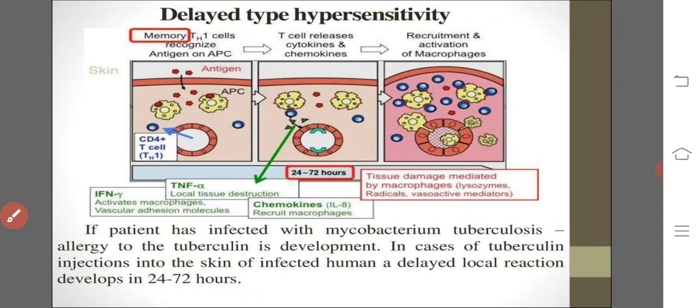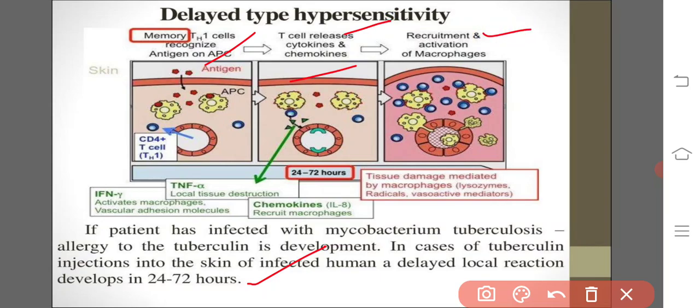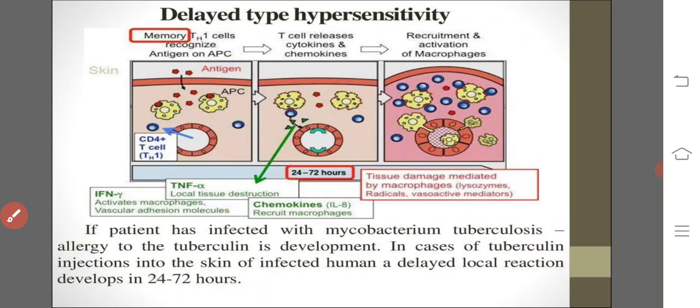It requires Th1 cells that recognize the antigen on the antigen presenting cell, and the T cell releases cytokines and chemokines. Thereby, there is a recruitment and activation of the macrophages that results in tissue damage mediated by macrophages and their lysozymes, free radicals, vasoactive amine mediators.